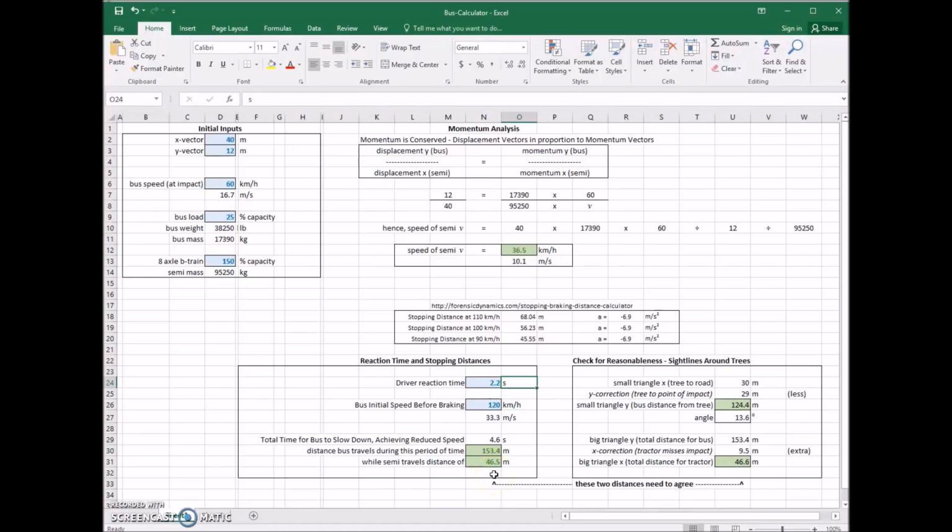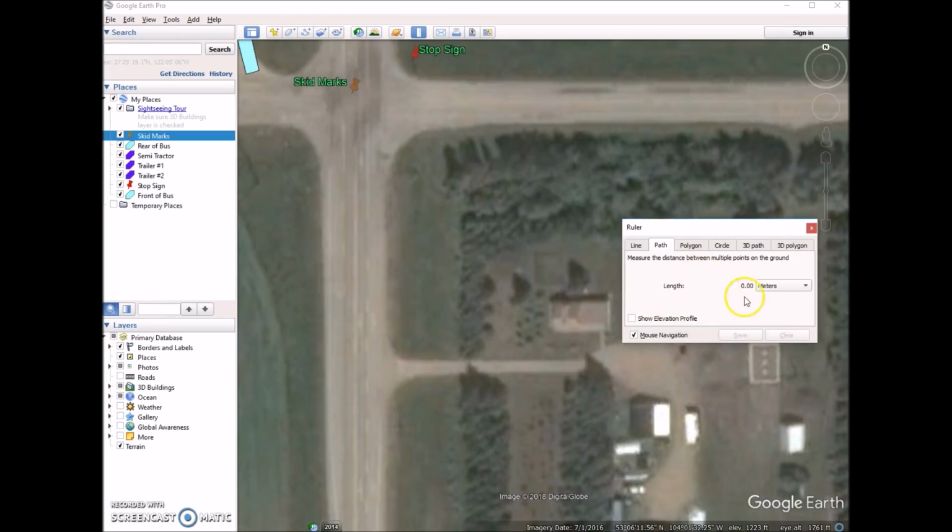Now, what does that mean though? Look at the distance the bus travels. 153 meters, and the semi only goes 46. So 153 meters.